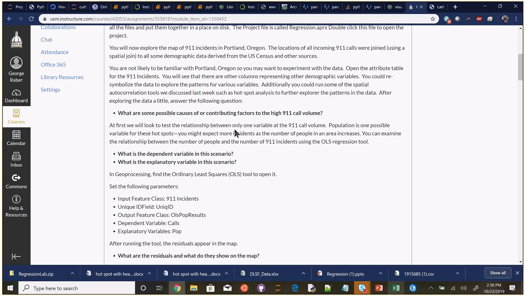Okay. But what we're going to do is look at the relationship between 911 call volume and population. Okay. You can examine this relationship between the numbers using the OLS regression tool. So what's the dependent variable in that situation?